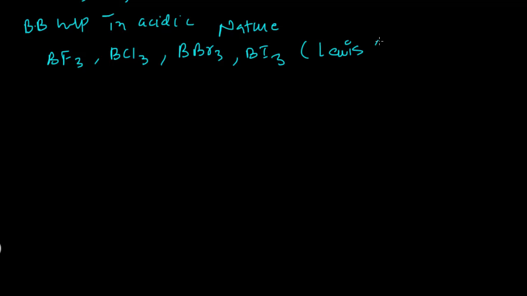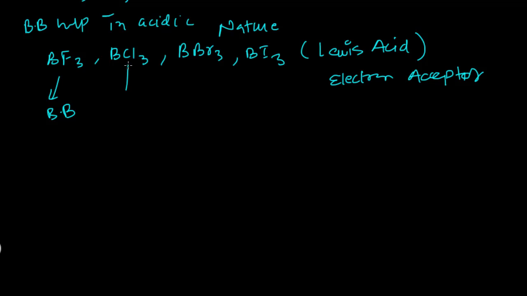Why Lewis acids? Because they have an incomplete octet, so they are electron acceptors. But due to back bonding, BF3 will show back bonding here, and your BCl3, is there any back bonding in BCl3? Yeah, the same back bonding here.